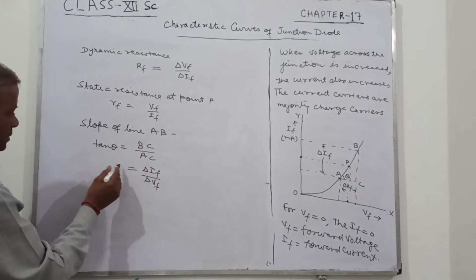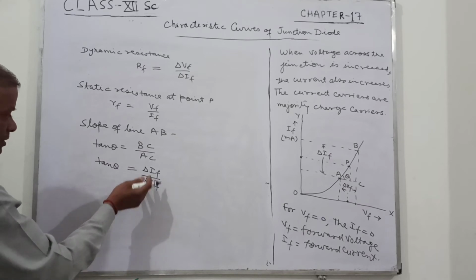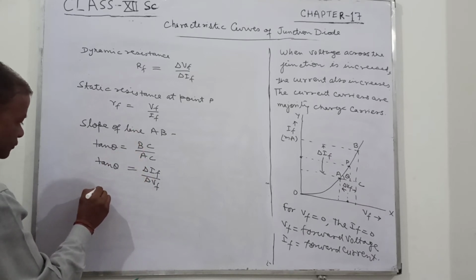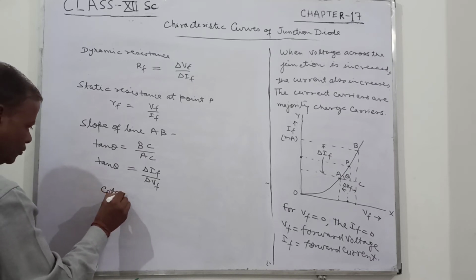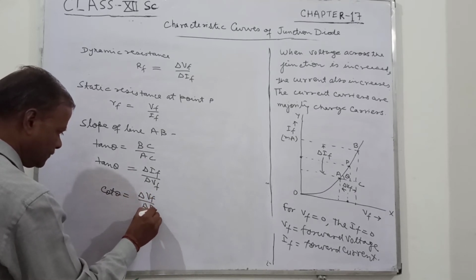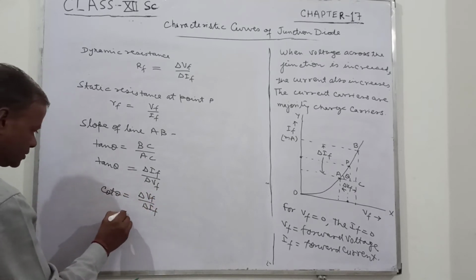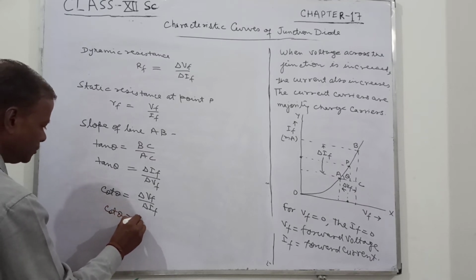So if you find delta Vf upon delta If, then cot theta is equal to delta Vf upon delta If, which is Rf.